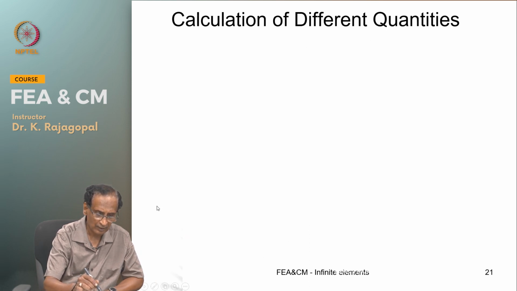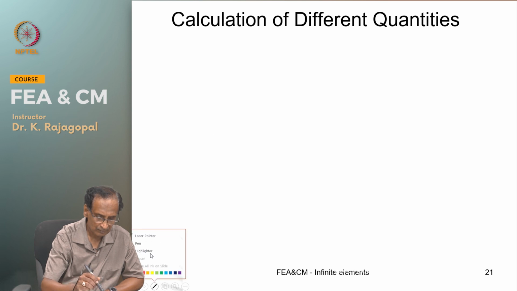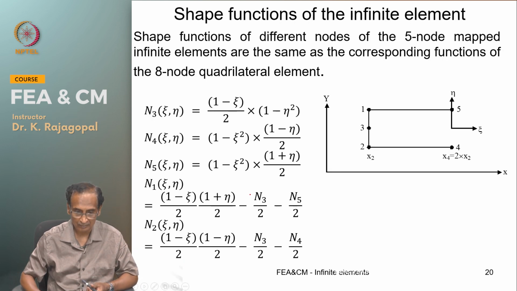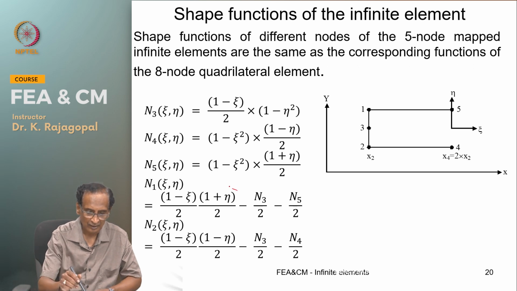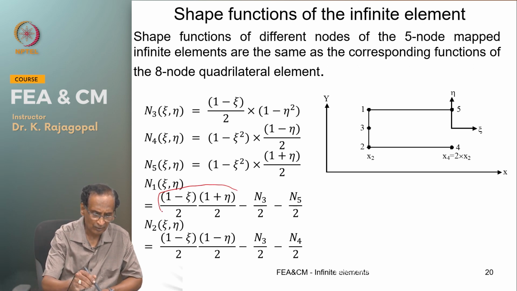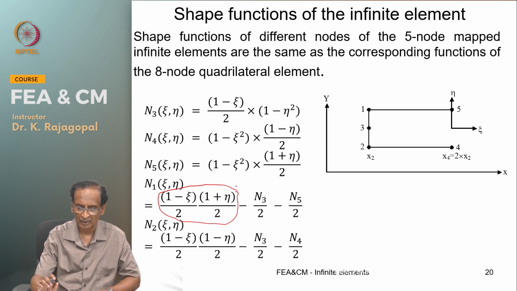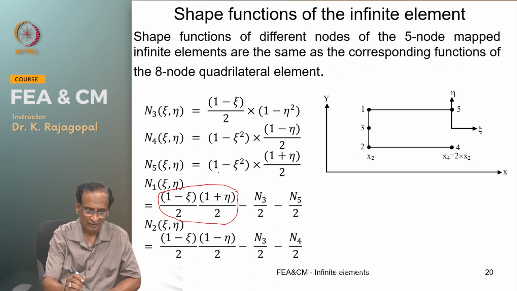So the shape function for the 4 node element is this, and the correction because of this mid side node along this line 1 2 and along that horizontal line at 5. So this is the N1.